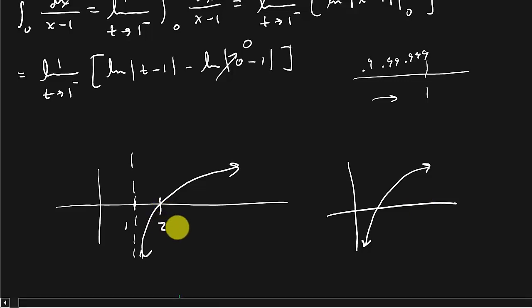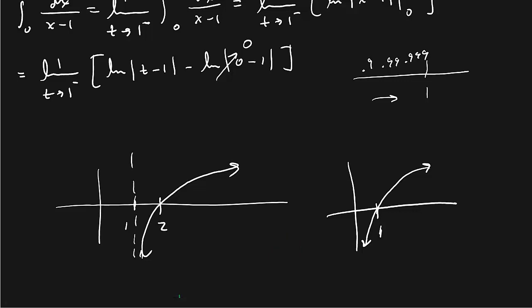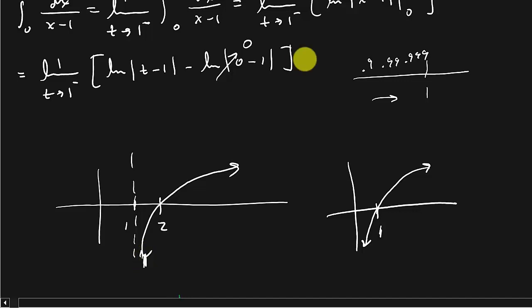So this would be 2, and over here it's 1. You can see as we're getting closer and closer to 1, this is going to negative infinity. So we can just say this diverges.